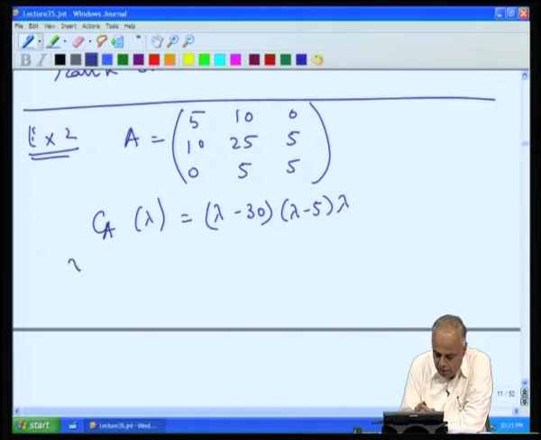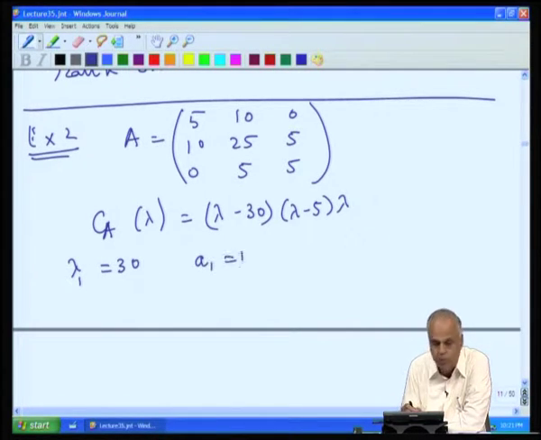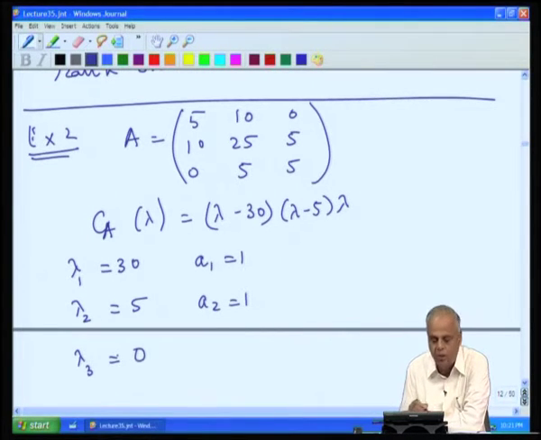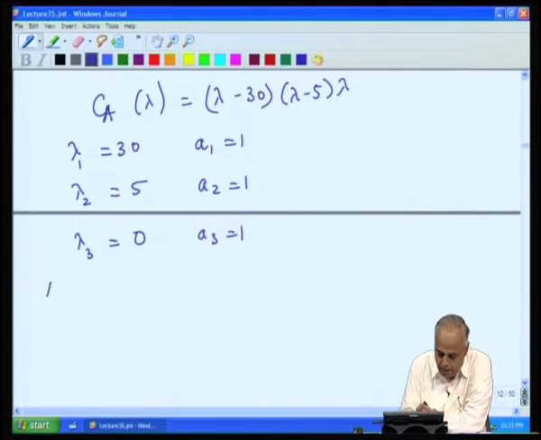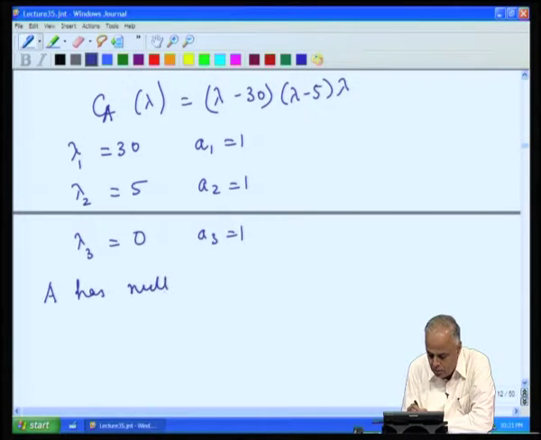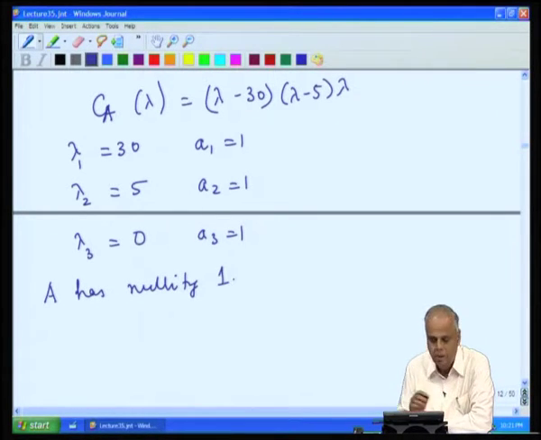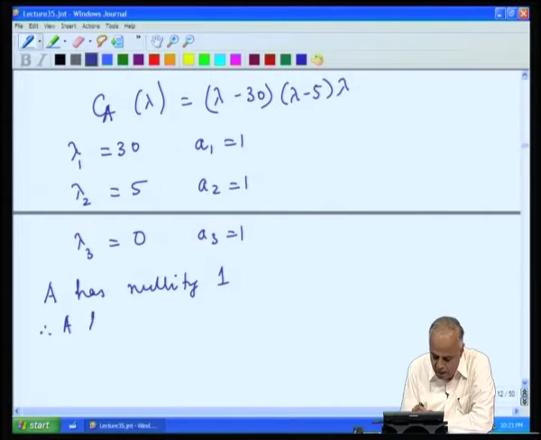So, what are the eigenvalues? Lambda 1 equal to 30, algebraic multiplicity 1, lambda 2 equal to 5, algebraic multiplicity 1. Notice that lambda 3 is 0, which means that A has nullity 1, because lambda equal to 0 is an eigenvalue of multiplicity 1, and therefore, A has rank.